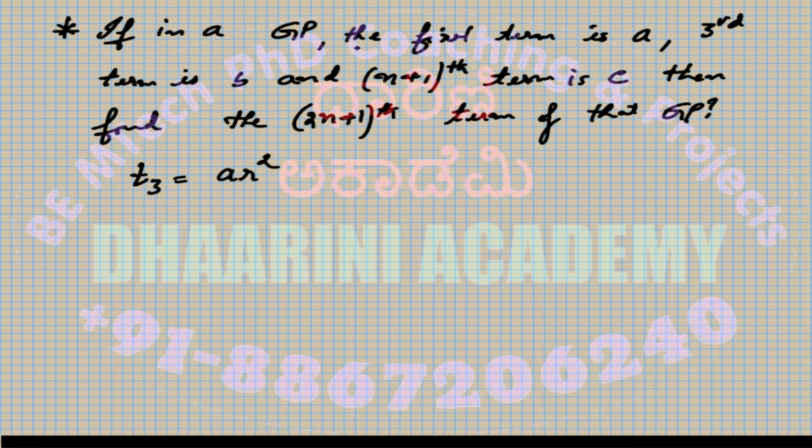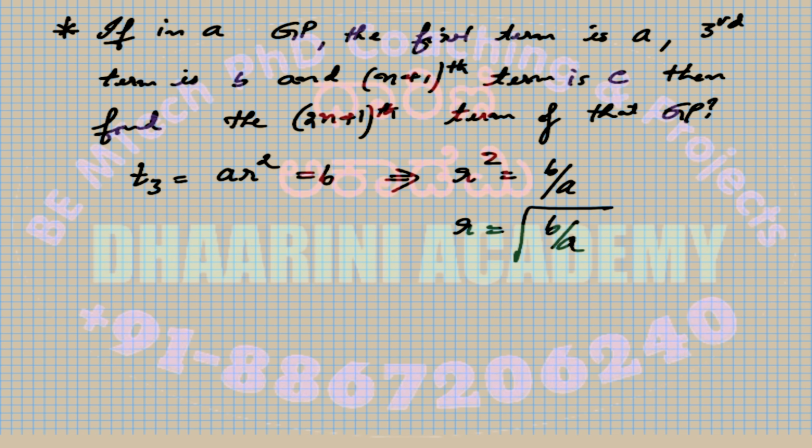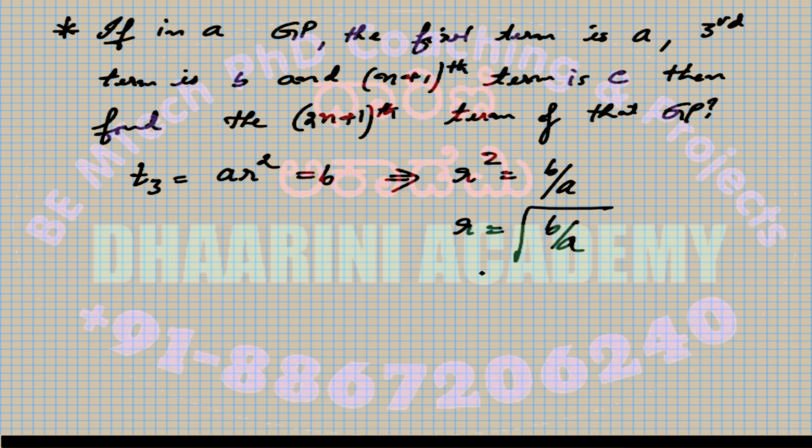What is the third term? That is B, correct? So A into R square is equal to B is my conclusion from the given statement. So R square is B by A, and I can say that R is equal to square root of B by A. I will come to know the common ratio.